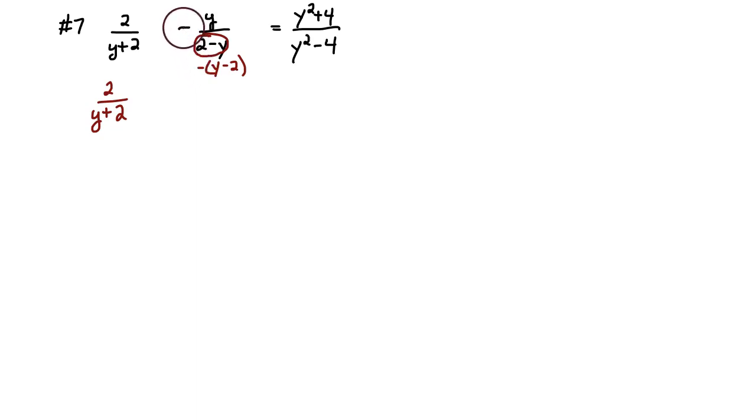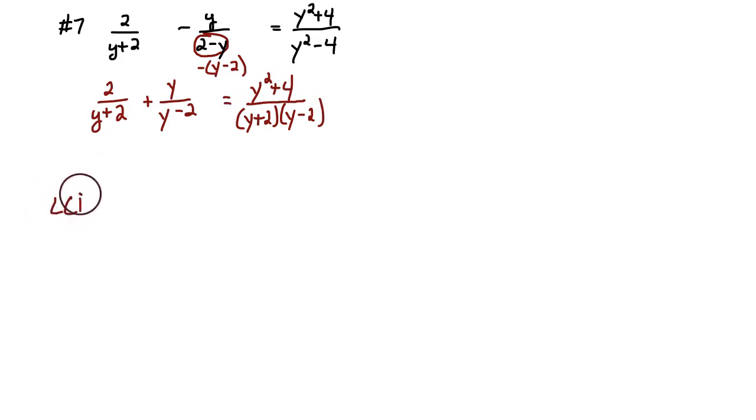Notice how there's a negative in front and then a negative here. That could be written as a plus sign. So this middle section is equivalent to this. Over here on the right side, the top does not factor, but the bottom factors as y plus 2 times y minus 2.